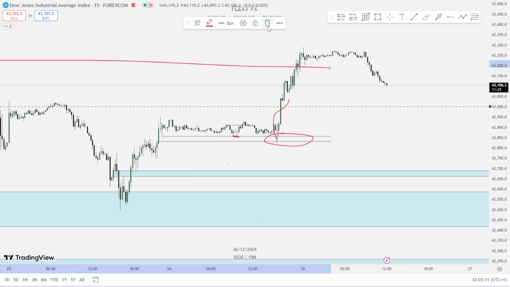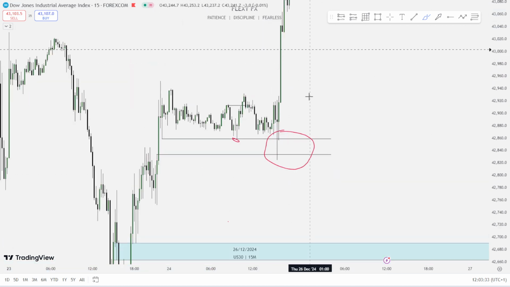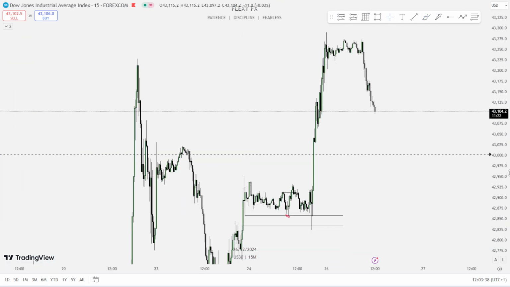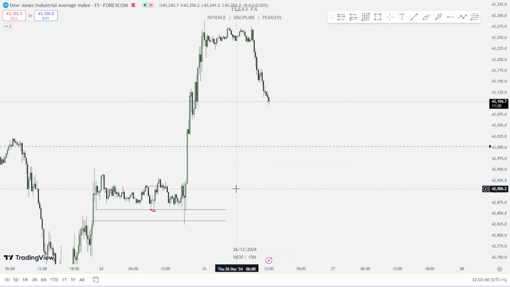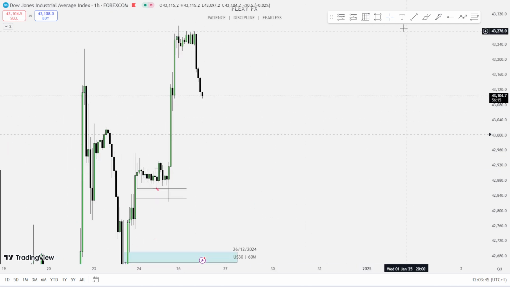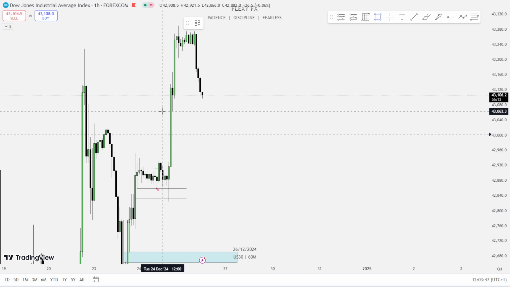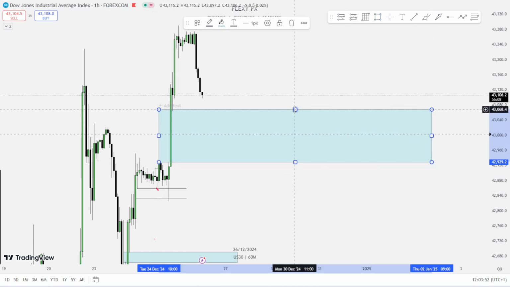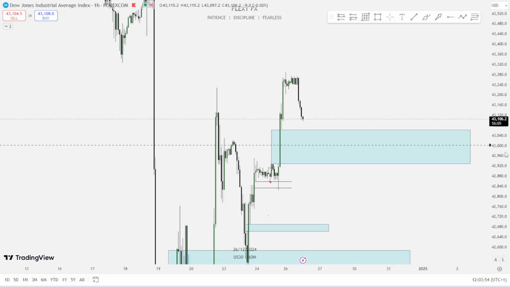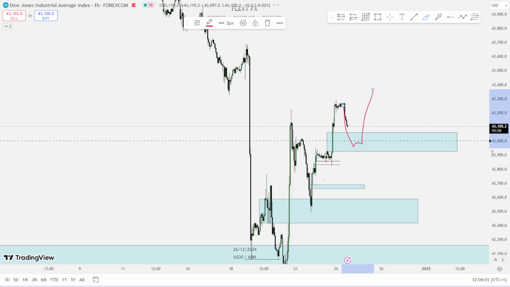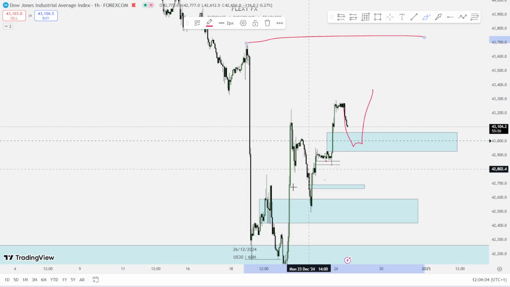Now that is by the way, but I took some records of these trades, which I'm going to show you shortly after this analysis. Now, what am I expecting price to do from the hourly time frame? I'm expecting price to drop into this zone, into this imbalance, which I call a fair value gap, show some signs of rejection, and then I'll be targeting this high.